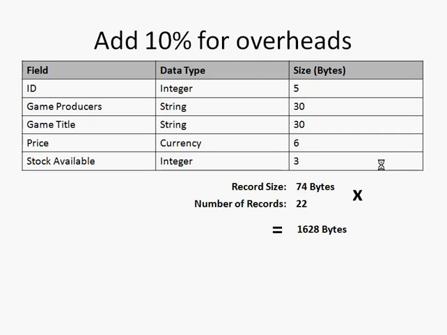We're going to add 10% for overheads now, as the title suggests there. So 10% of 1628 is roughly 163, so we add that on, and we get 1791 bytes.